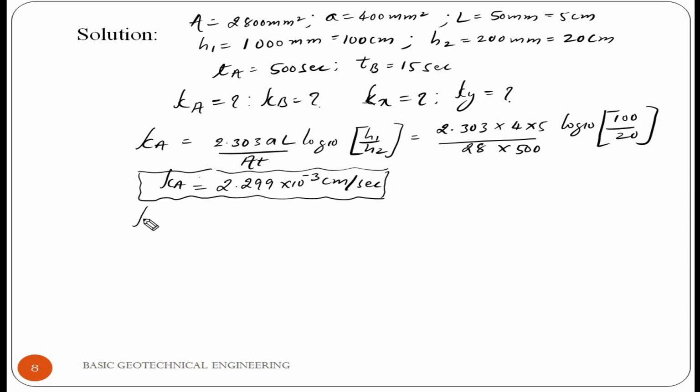Now let us calculate for soil B using the same formula, divided by A t, log to the base 10 of H1 divided by H2.